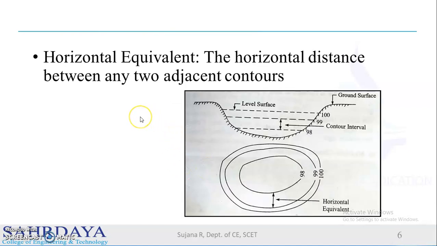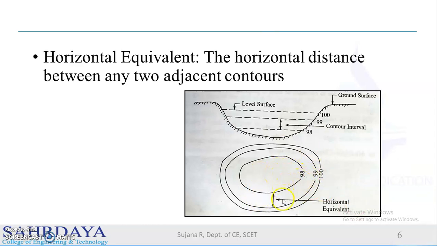Next is the horizontal equivalent. The contour interval corresponds to the vertical distance between two contours, whereas the horizontal equivalent is the horizontal distance between any two contours. This can be understood from the plan view only.